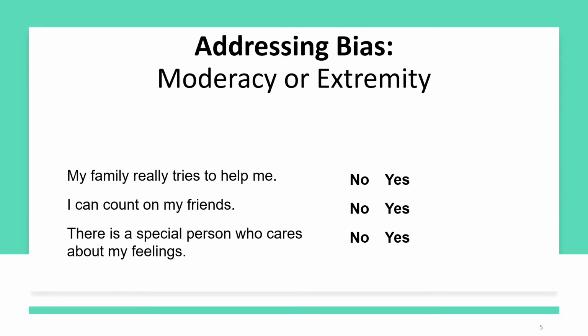Basically, instead of giving a Likert scale item, where you give them options 1 through 7 or whatever it is, you force everyone to select no or yes. That way, those that demonstrate a moderacy bias, or those that demonstrate an extremity bias, are kind of equalized with people that aren't.